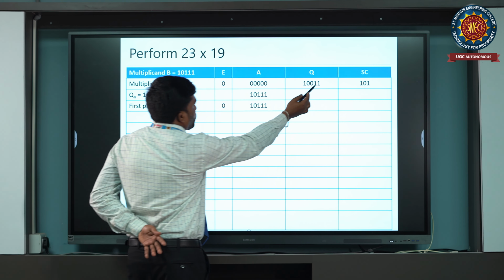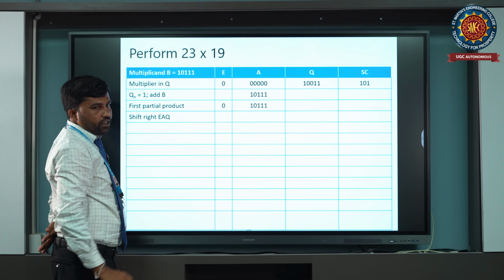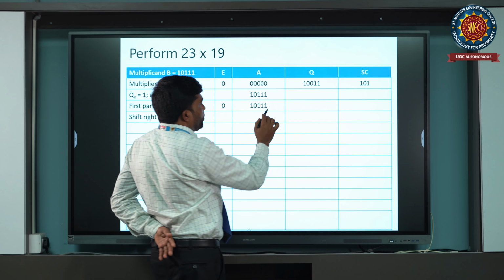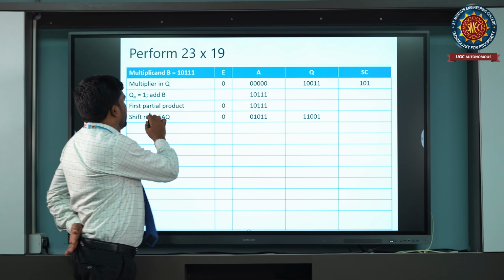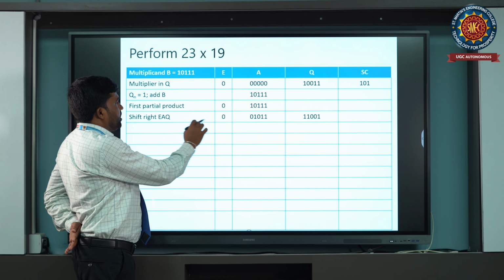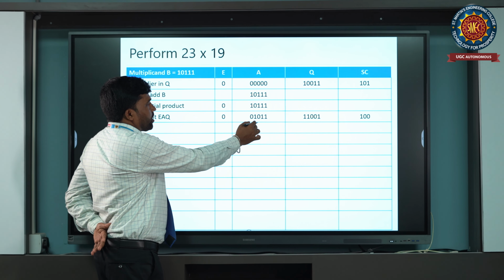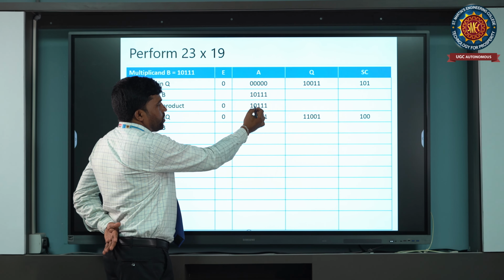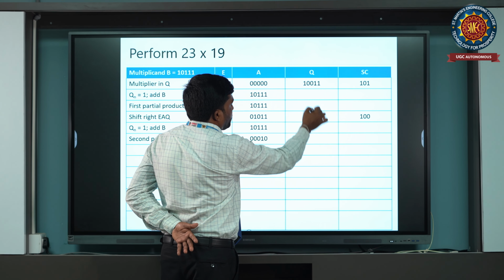Here Qn is equal to 1, so we do the add operation: B is added to A. We get some output, and then we shift right EAQ. Shift right EAQ means this 0 moves to the right bit and this 1 moves to here, this 0 moves to the next bit. Like that we move the bits. Finally this 1 is discarded.